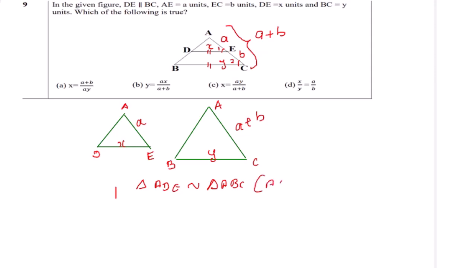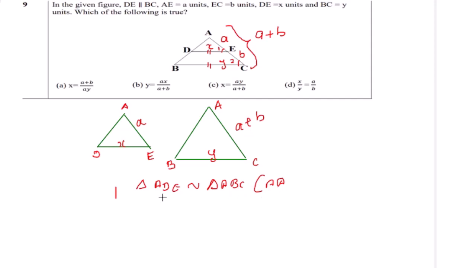By AA criterion. By SAS also we can prove. If you are taking the basic proportionality theorem, AD by AB is equal to AE by AC. That way also we can prove this, but here the AA criterion will be very easy.